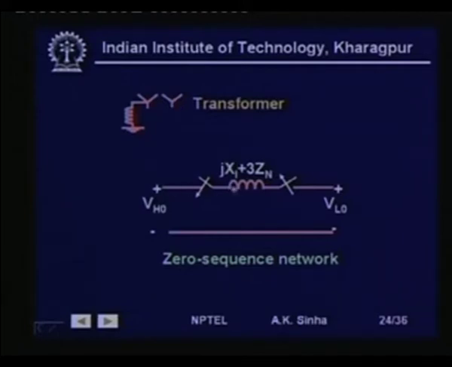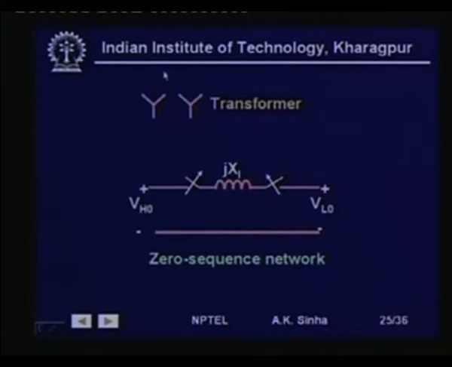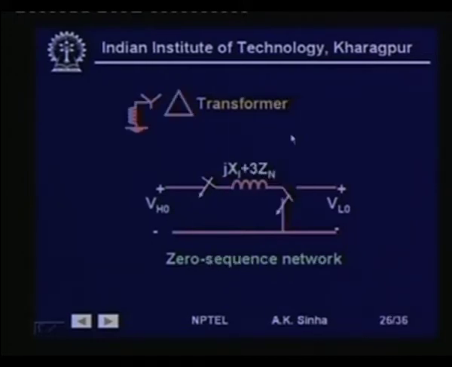So it will appear that this circuit is open, and the total impedance seen here will be JXL plus 3Zn. When we have a star both-side ungrounded transformer, then this is certainly open on both sides. So no zero sequence current can flow from either side into the transformer.